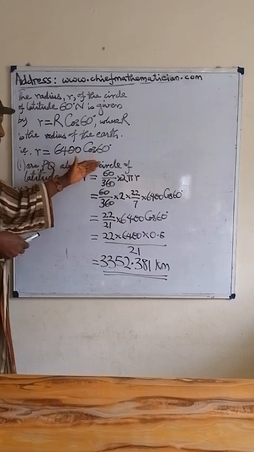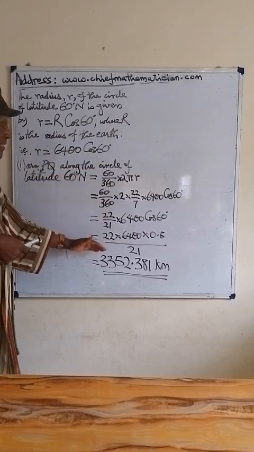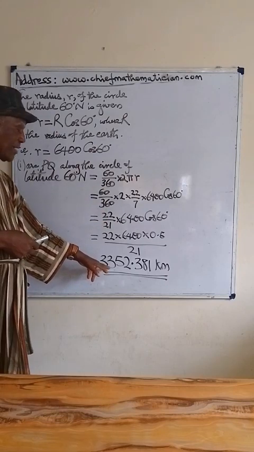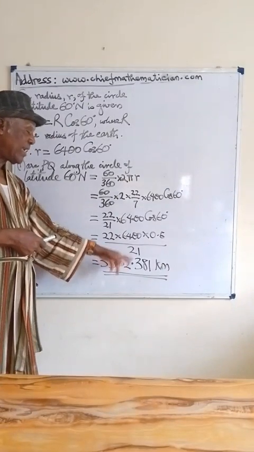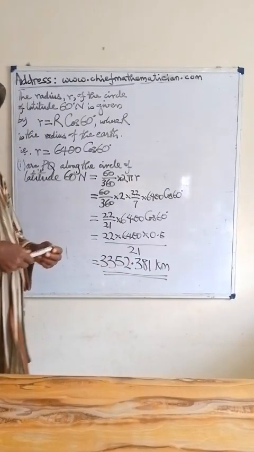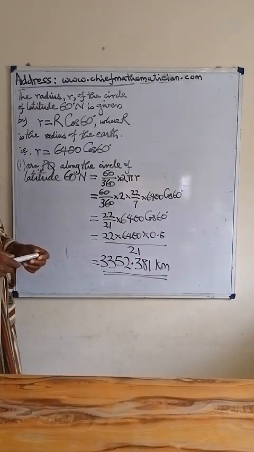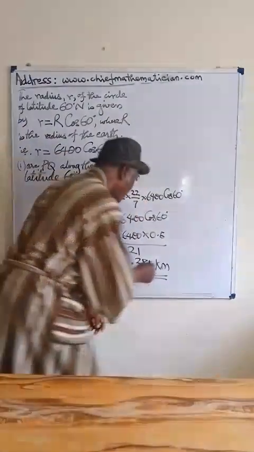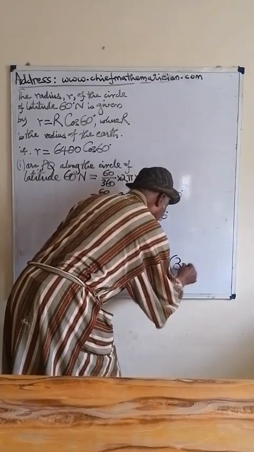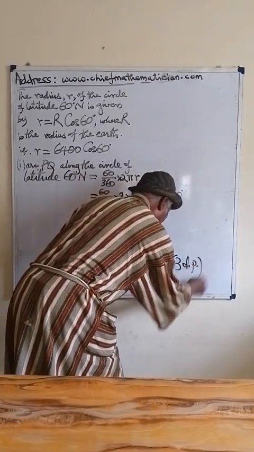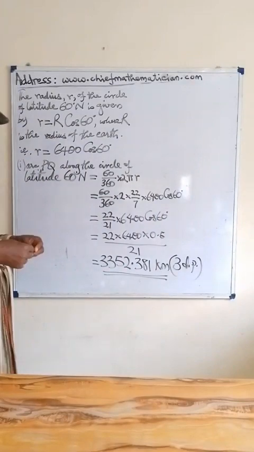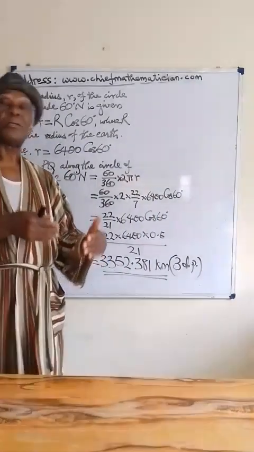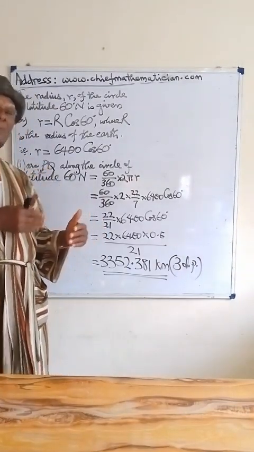So by the time we process this to the end, we arrive at 3,352.381 correct to 3 decimal places. So this is the distance between P and Q along the circle of latitude 60 degrees north.